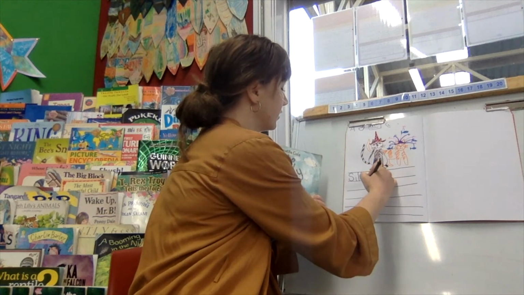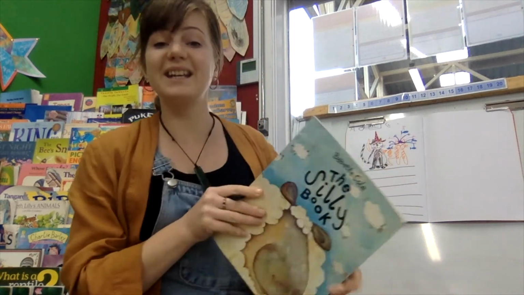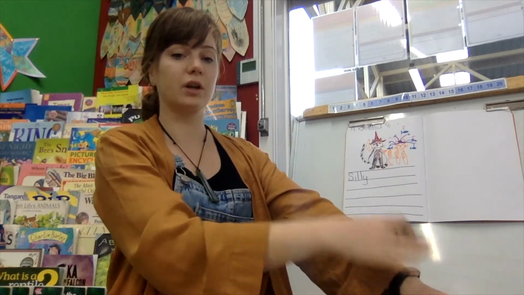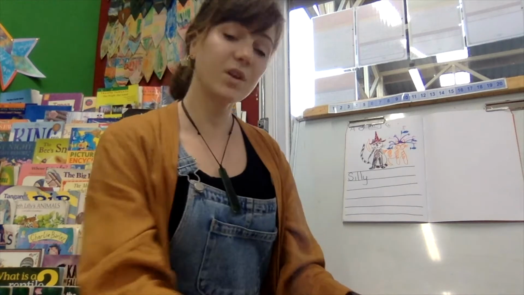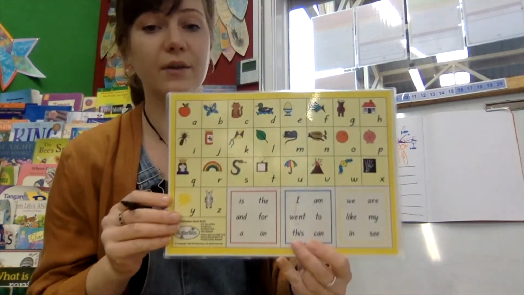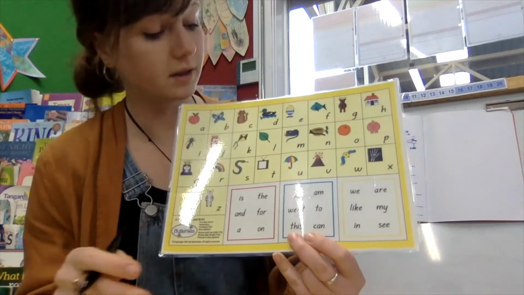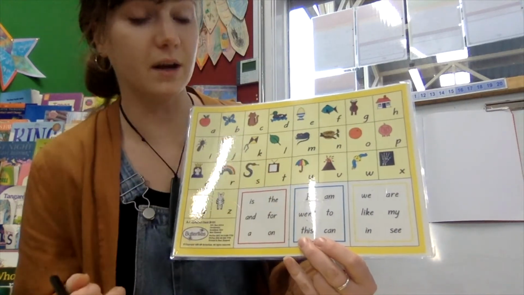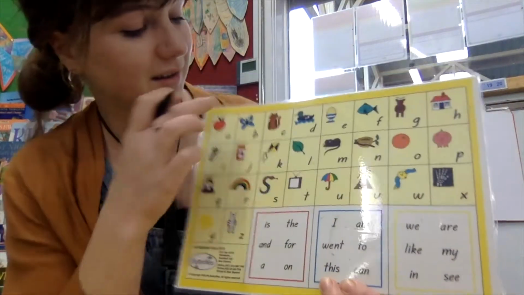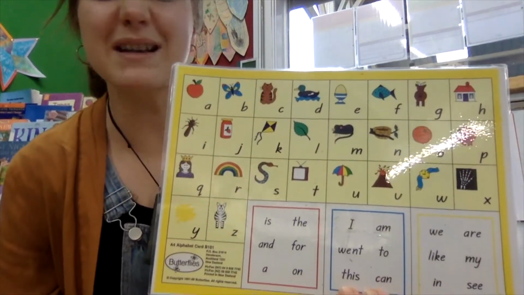I-L-L-Y. Silly cats. What is that sound? Now there are 2 letters that can make this sound. That makes that sound, and also now I can see that there's a cat there, so that must be that one.